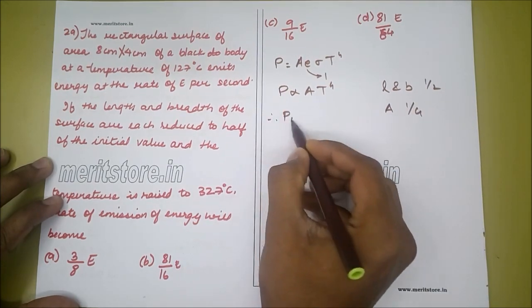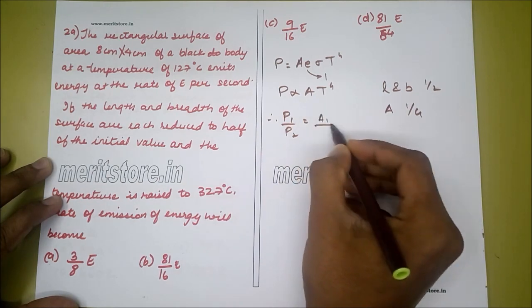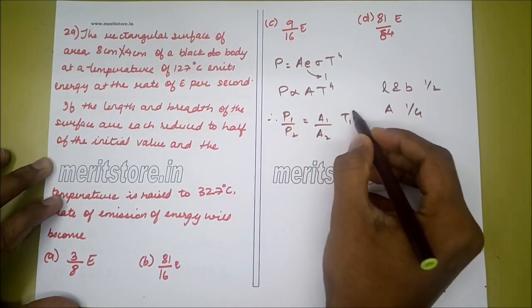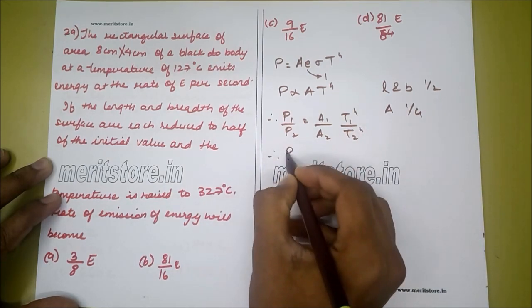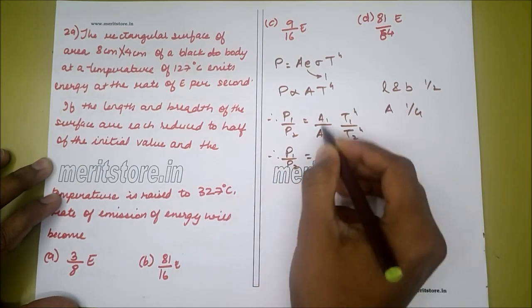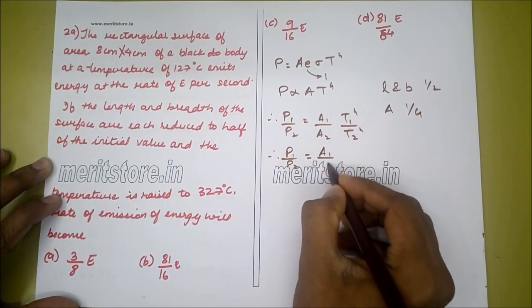So therefore P1 upon P2 is equal to A1 upon A2 times T1 raised to 4 upon T2 raised to 4. So P1 upon P2 is equal to A1 and A2 would be 1/4 of A1.